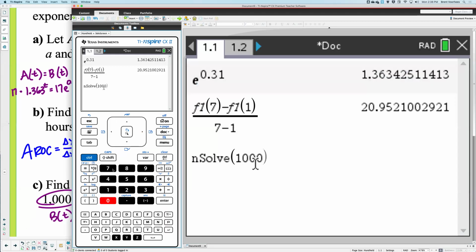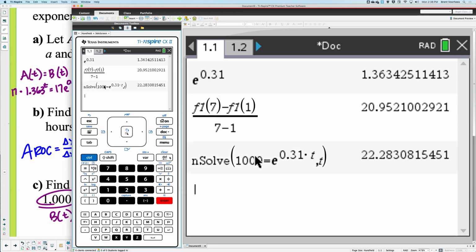It's 1,000 bacteria equals E to the power of 0.31 T. And we're solving for T. And while y'all are typing that in, I'm going to show you that you could have used the equation A, and we still would have got that same answer that we had earlier. I'm using this value right there. And you'll see that you would have gotten the same answer if you used equation A.